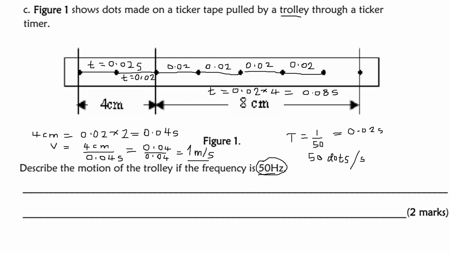So we can also find the speed. The speed is going to be 8 centimeters, which is similar to 0.08 meters, divided by 0.08 again, seconds.